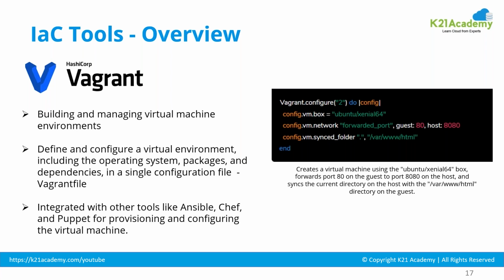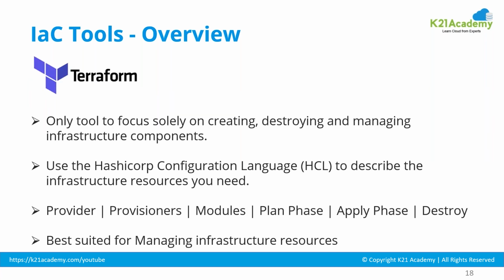And Vagrant is more towards configuration management. I will not say it is pure configuration management, but it is more towards that. Terraform is one of the infrastructure as code tools, and you can use it for infrastructure provisioning. If I talk about other tools like Ansible, Chef, or Puppet, they have infrastructure orchestration and provisioning capabilities, but those are not well developed.